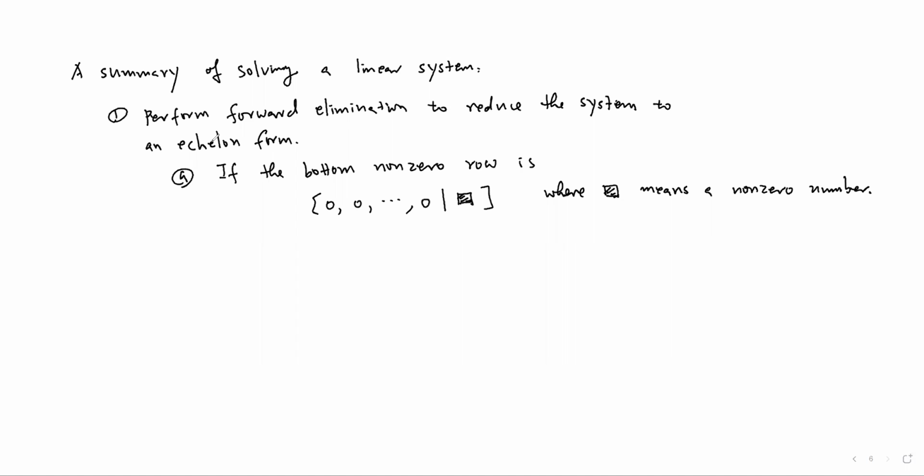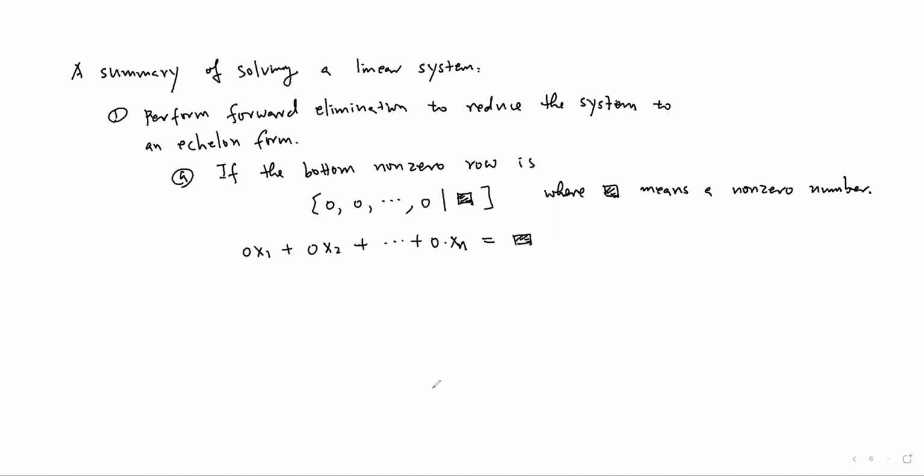If the bottom non-zero row is in this form, recall that in an augmented matrix, each row is an equation. So the corresponding equation to this row is 0 times x1 plus 0 times x2 plus 0 times, suppose the linear system has n unknowns, xn is equal to a non-zero number.